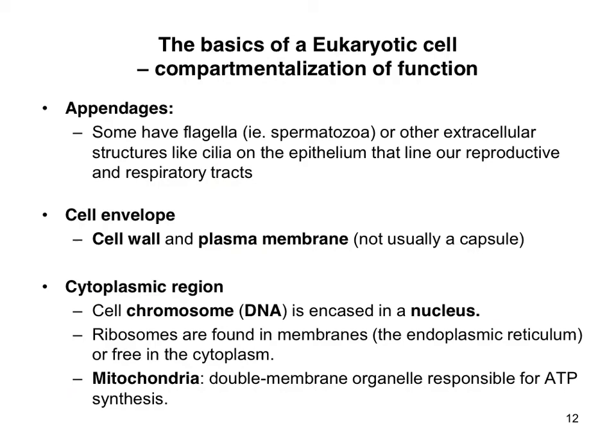Do they have a cytoplasmic region? Yes, they do, and in that cytoplasmic region, you have a watery fluid full of salts, sugars, proteins, and other small molecules. You also have chromosomes. They aren't found free-floating in the cytoplasm. They're found encased in a nucleus. You do have ribosomes. They are found in the membranes of the endoplasmic reticulum or free in the cytoplasm.